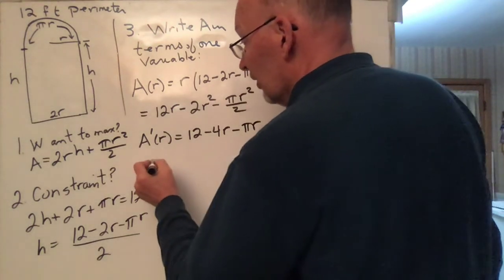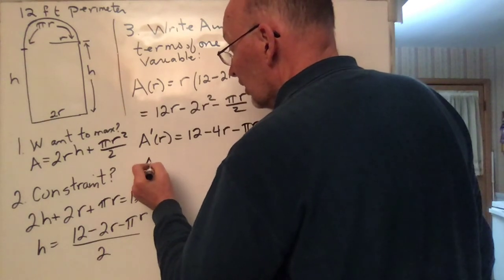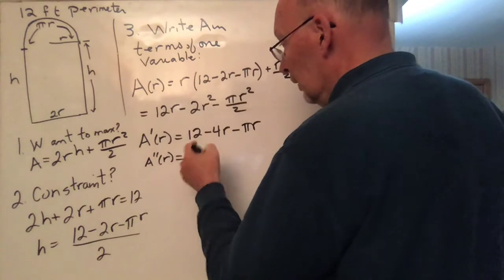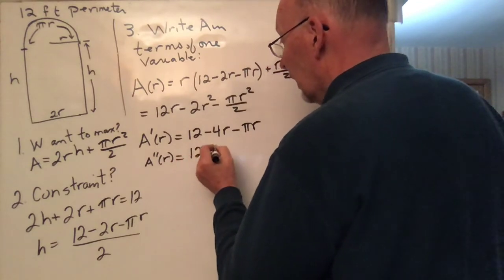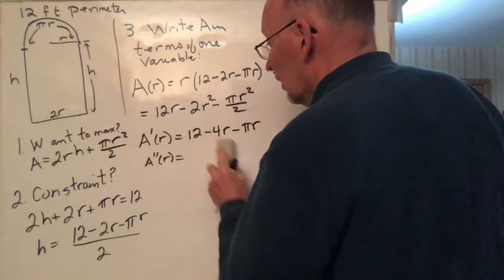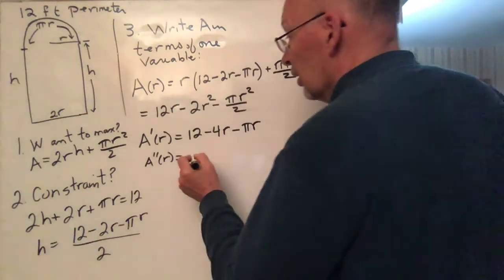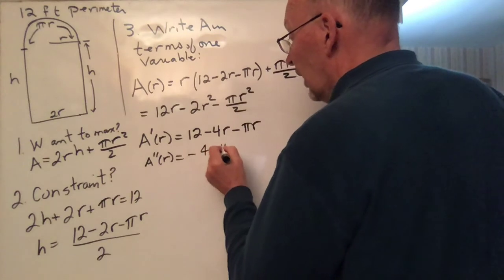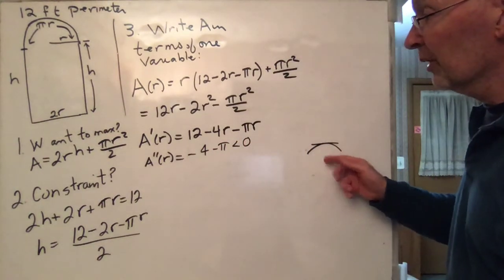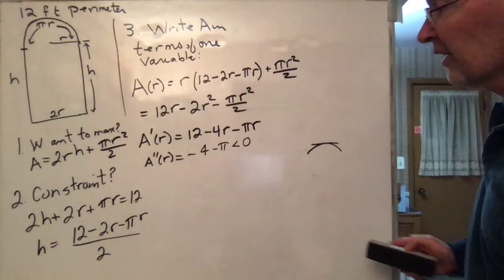In fact, let's use the second derivative test. Take the derivative of that. It's going to be minus 4 minus pi, which is less than 0, which tells you that this is going to be a relative max right there.